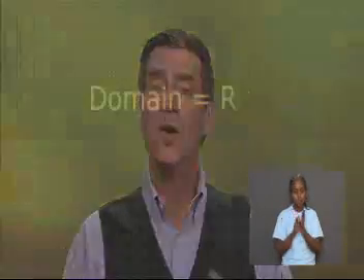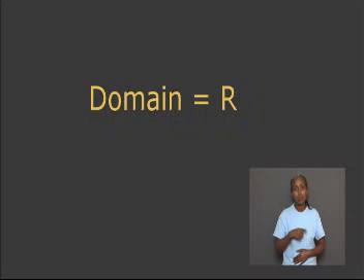In order to graph these functions, we had to determine their domains, ranges, and periods. For instance, we had to know that the domain of the sine function is all real numbers.